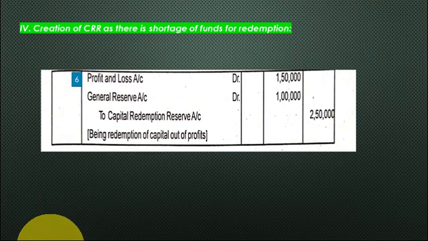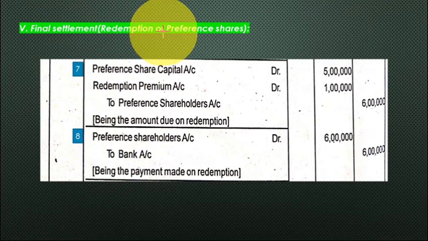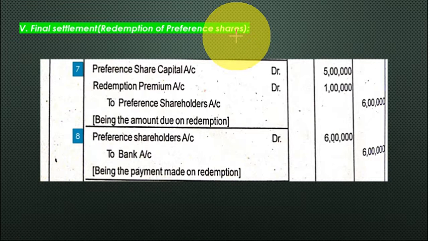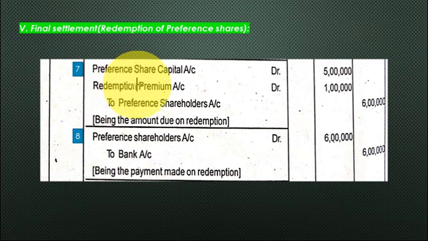The last step, that is final settlement, redemption of preference shares. Here also there are two entries. The first entry, amount due. We have to transfer this to preference shareholders account. So what are we transferring? Preference share capital account debit. Premium also we are transferring.